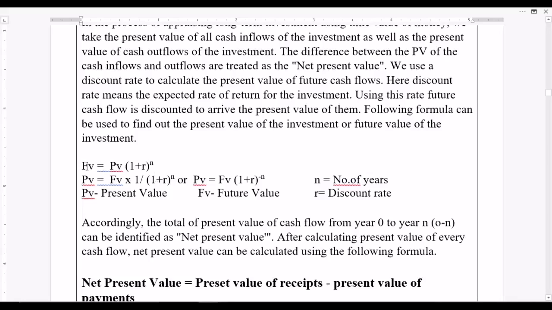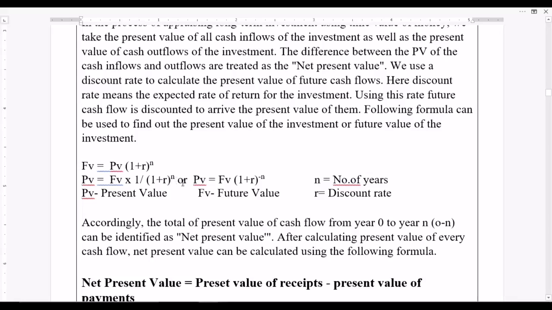Right. This future value formula can be transformed to find the present value also. So you take the present value to this side and then future value goes to the other side, multiplied by 1 upon (1 plus r) to the power n.